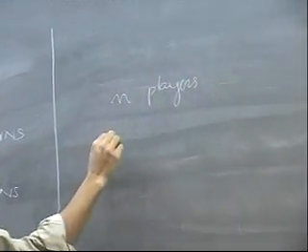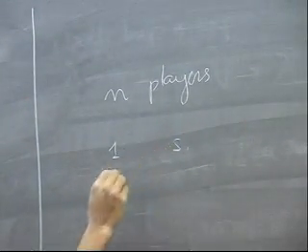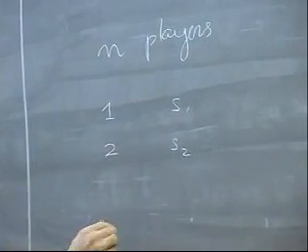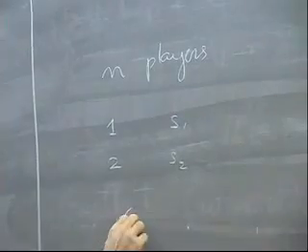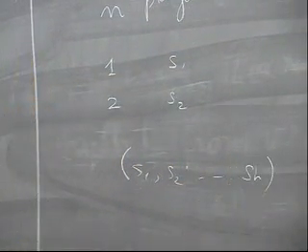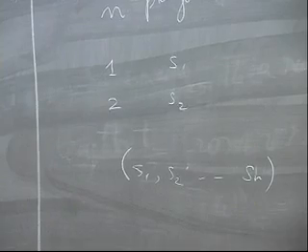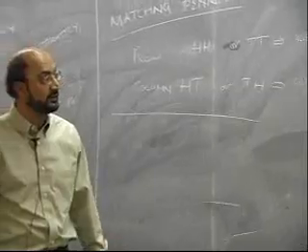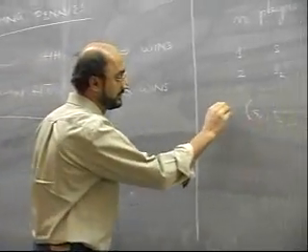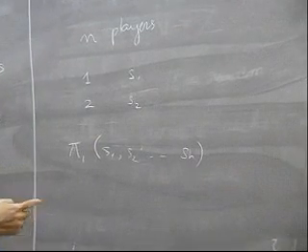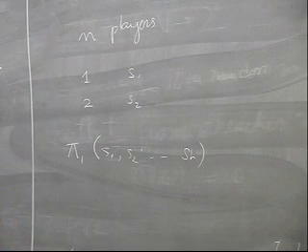Player 1 plays strategy S1, player 2 plays strategy S2, etc. Then the set of strategies would be defined as (S1, S2, ..., Sn). That's a tuple, and it says these are the strategies that were played. And then we have a payoff that's given to the first player. So pi1 denotes the payoff to the first player from this strategy profile.